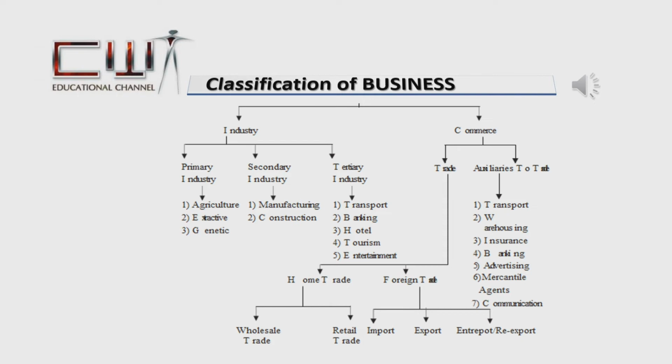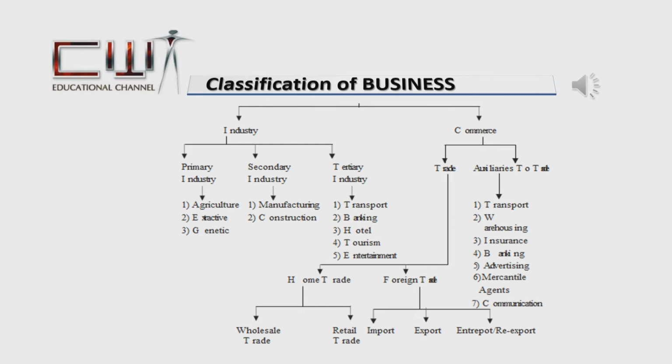A primary industry is basically of three types: agriculture-based, extractive, or genetic. Agriculture-based industries include farming, harvesting, and so on. Extractive industry includes mining, quarrying, and genetic industries are like fisheries, poultry farming.